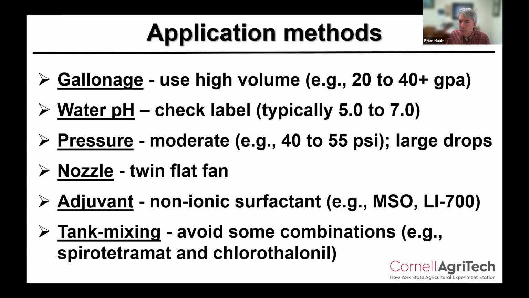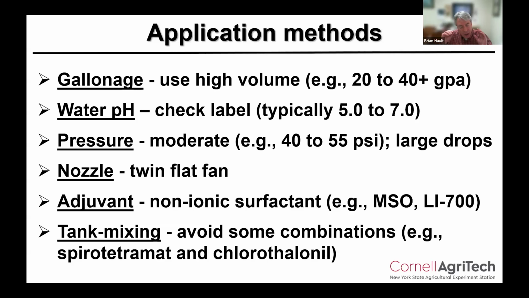Most of these products are going to work well at a pH of anywhere from 5 to 7, and it may say on the label. Pressure: don't jack your pressure up to 100, 150, 200 psi, because you know what happens? Your insecticide is going to end up in the trees or about 5 miles down the road. You want to use as low a pressure as you can get away with.